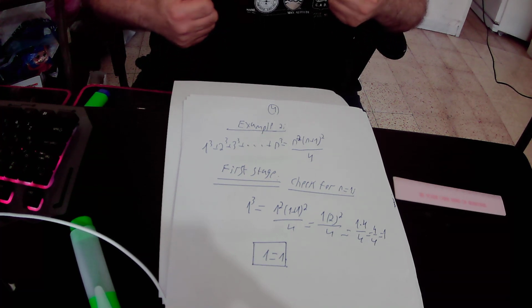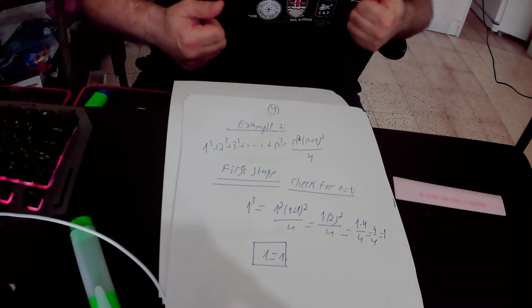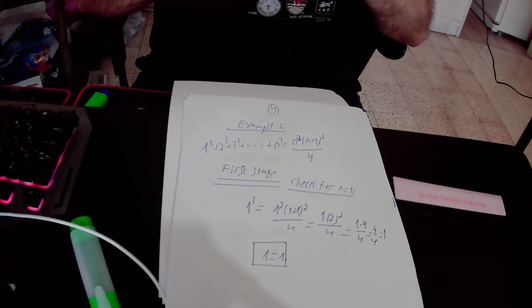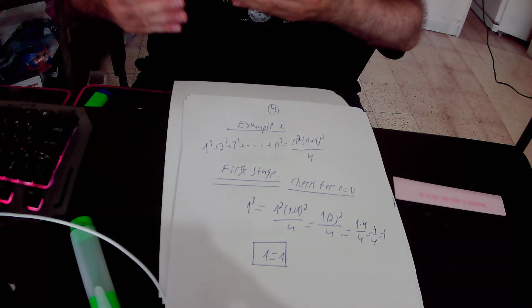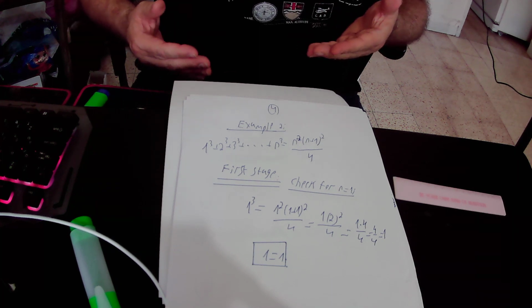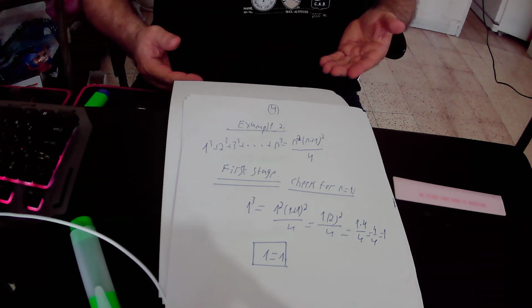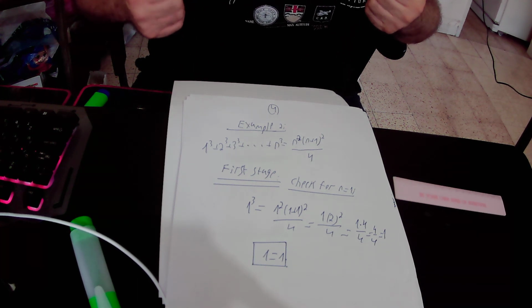And then in the second stage we proved that if it is true for n, it must be also true for n plus 1. So now we know that it is true for n equals 1, so it also must be true for 1 plus 1, that is 2.